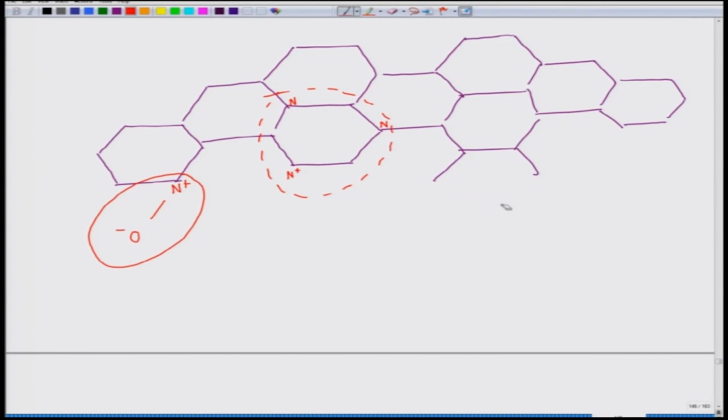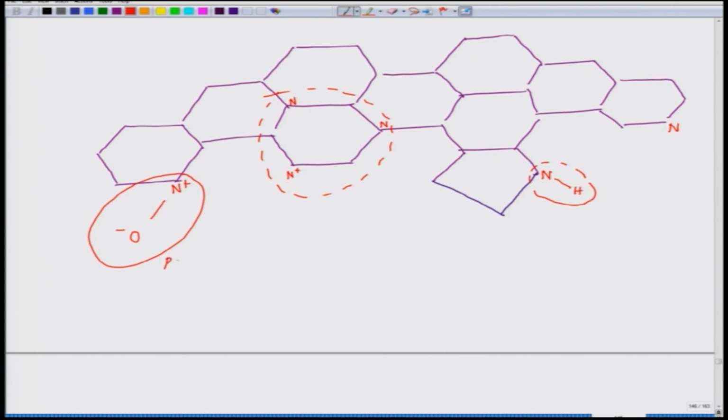Then you will see some of the, one second, let me just redo it, something like this. You come across nitrogen and hydrogen, another form, then you have nitrogen here. So, they have different names.